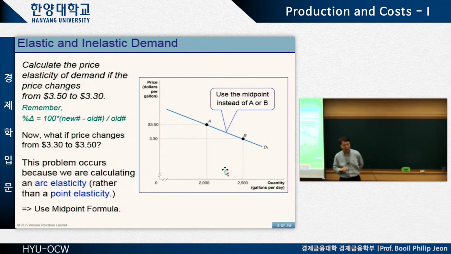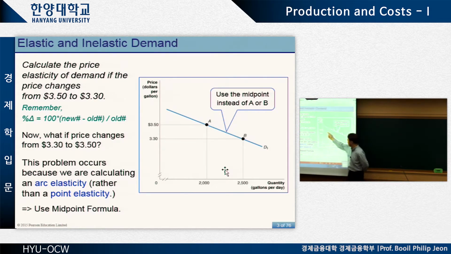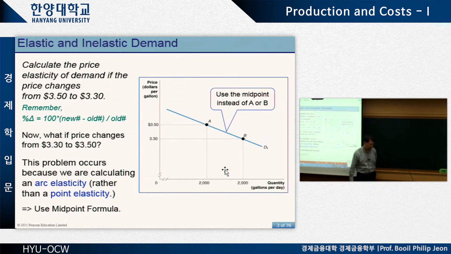The problem was that whether the price decreased or increased, we got two completely different answers, because the first time we used A as the starting point, and the other way around, we used B as the starting point.